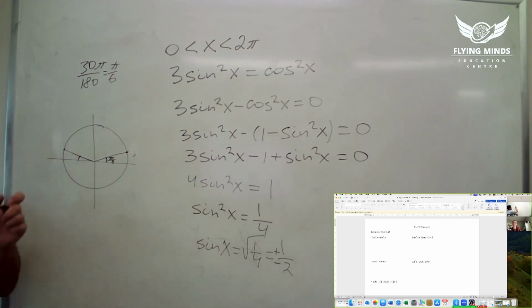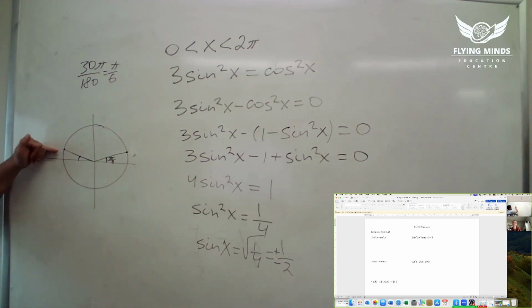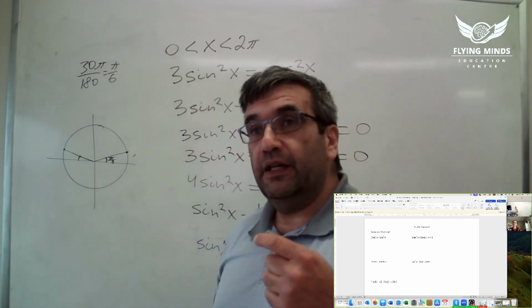So what will be the angle in the second quadrant that has this reference? So you work with reference angles now, right? So the reference angle is pi over 6, which is 30 degrees, right? So a reference angle of 30 degrees in the second quadrant is equivalent to 150, right? 5 pi over 6.